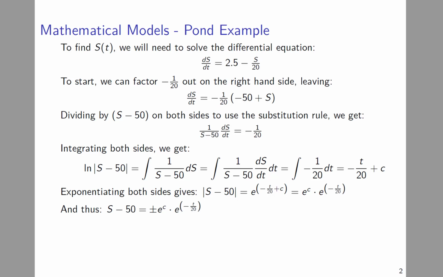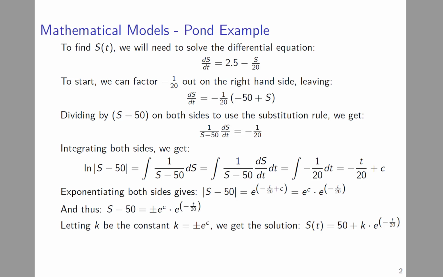And since c is a constant, e to the c is a constant, and plus or minus e to the c is a constant, so letting k be the constant plus or minus e to the c, we get the solution S of t equals 50 plus k times e to the negative t over 20. And we found the function S of t for the amount of salt in the pond after t days.